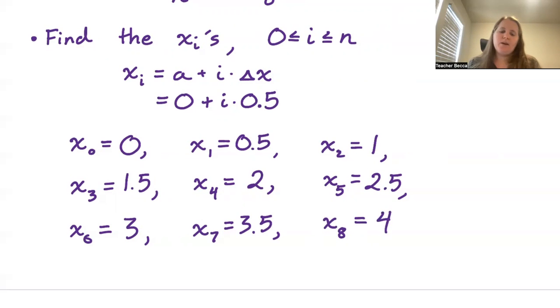Note our x sub n is b and our x sub 0 is a. So just note x sub 0 should always be a, x sub n should always be b.